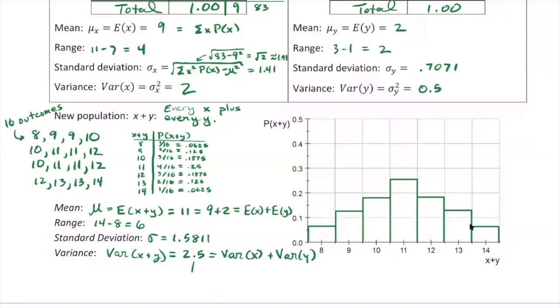The 2.5 was the 2 plus the 0.5. Var of x was 2. Var of y was 0.5. Like that. So the variances add when you add the variables.